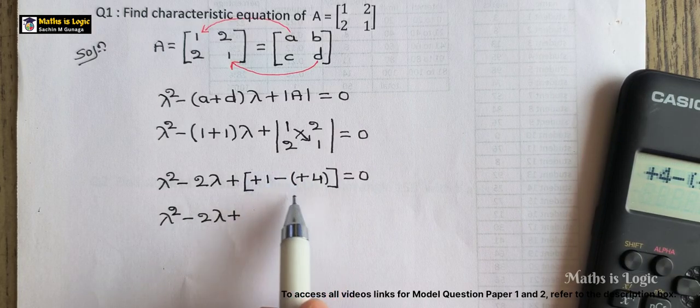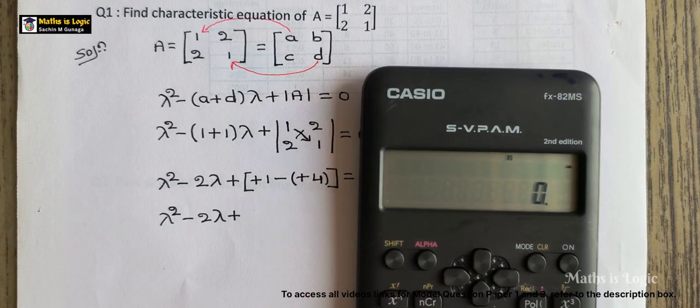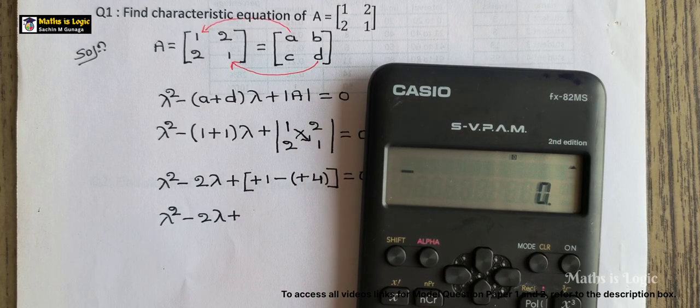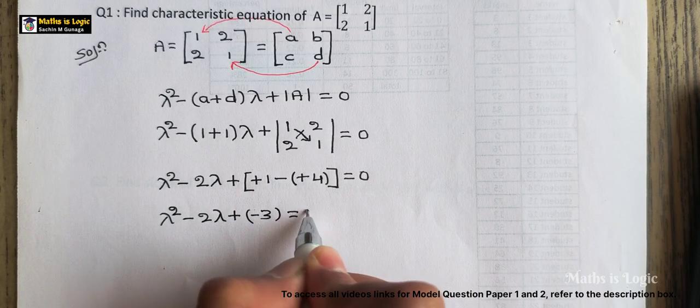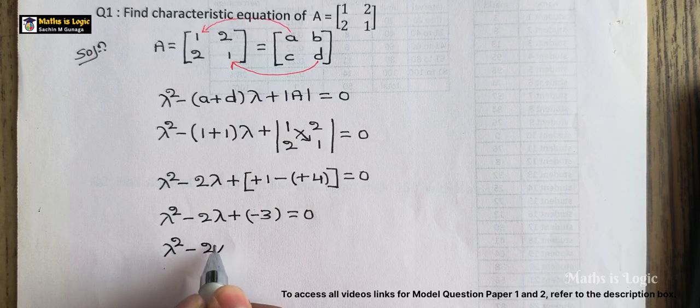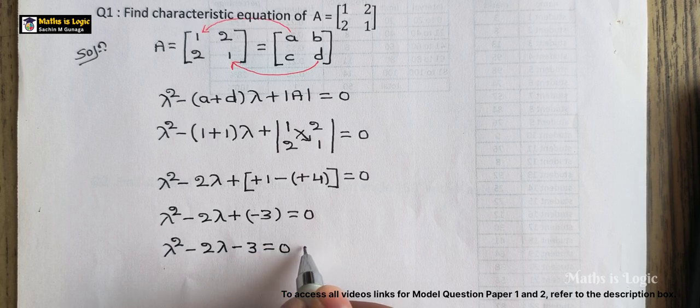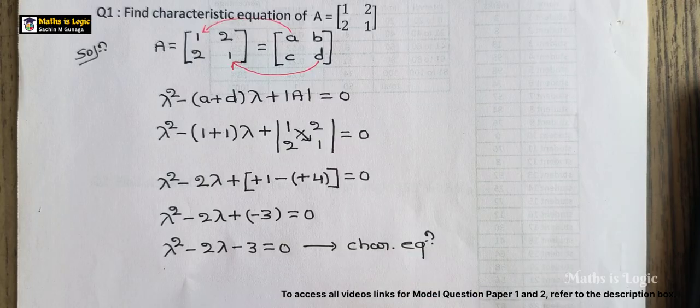Inside this bracket, do the calculation using the calculator. Plus 1 minus of in bracket plus 4. So how much is it showing? Minus 3. Therefore in bracket write minus 3 is equal to 0. Therefore the final answer is lambda square minus 2 lambda, plus into minus is minus 3 is equal to 0. So this is what we call the characteristic equation.